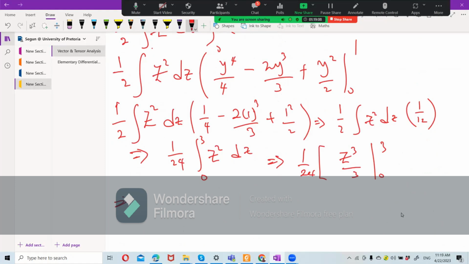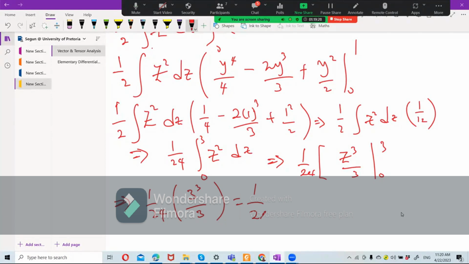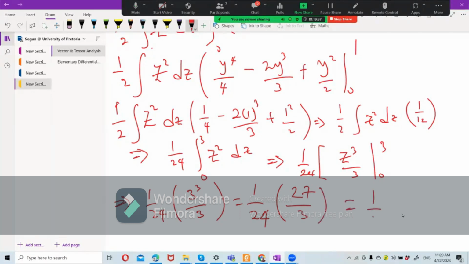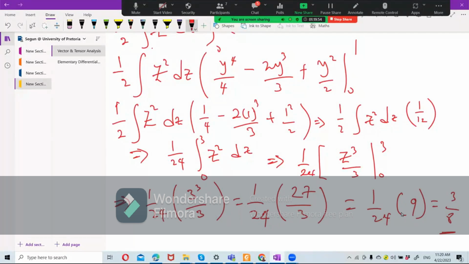So at the end of the day I will have 1 over 24 in brackets 3 raised to power 3 over 3. 3 times 3 times 3 is 27. 27 over 3 will be 9. So 1 over 24 multiplied by 9. Am I right? Yes. So at the end of the day, you have 3 over 8.